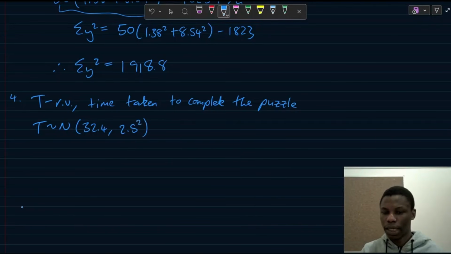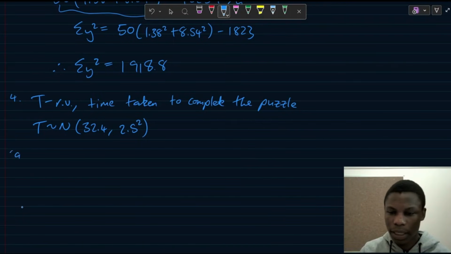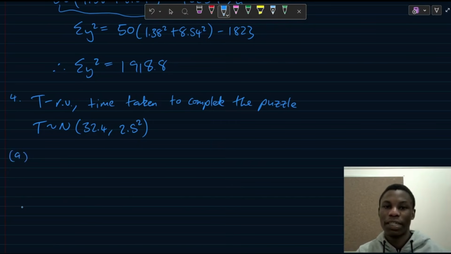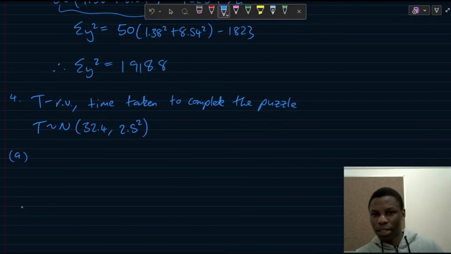And part A requires us to find how many competitors we would expect to have times within 1.2 minutes of the mean time. So what we can do is to find what is the probability of just one competitor having a time within 1.2 minutes of the mean time.